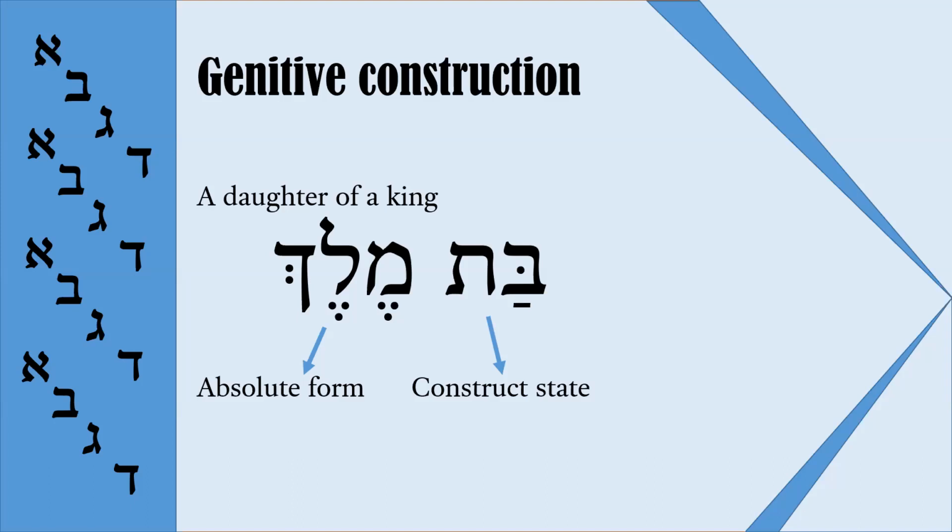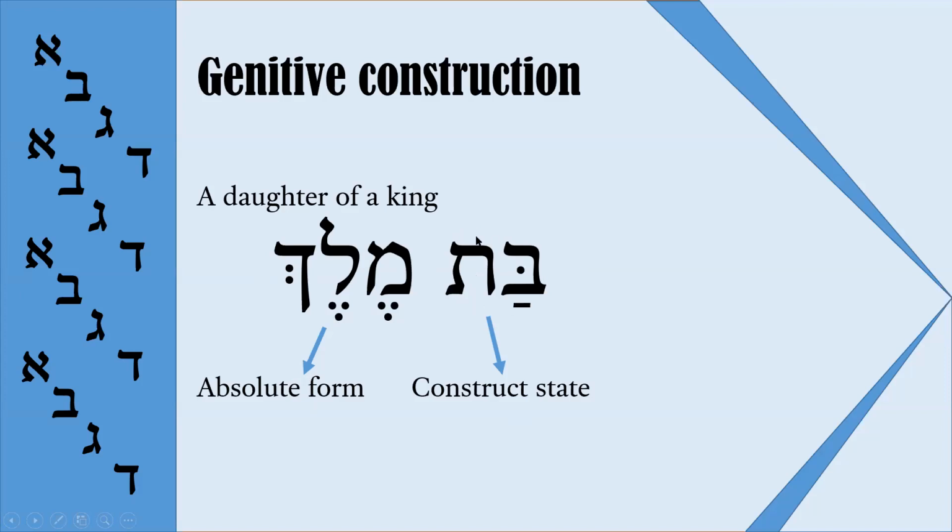So it should be modified somehow in order to accept another word, so that the other word can be joined to it. In this case, we have Bat Melech. Bat is daughter and Melech is king. So in this case, Bat is in a construct state and Melech is in an absolute state. So we need to understand this.